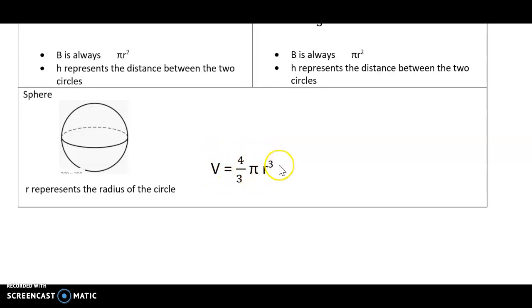This is the formula: 4/3 times 3.14 times the radius cubed. Make sure you cube your radius, multiply it by pi, multiply it by 4, push enter, and then divide by 3. So those are the formulas for volume that you will have to apply.